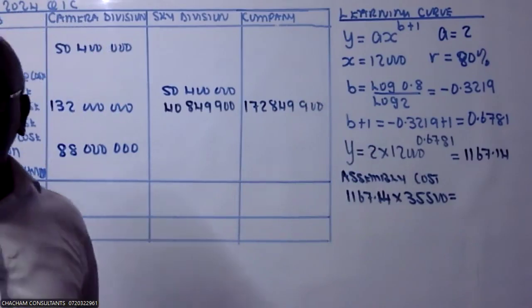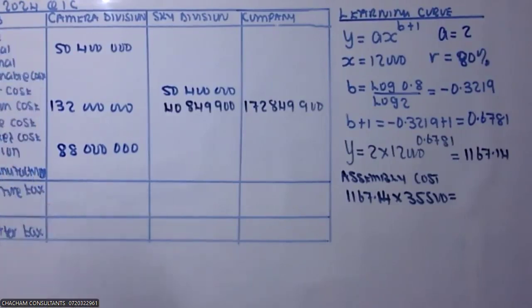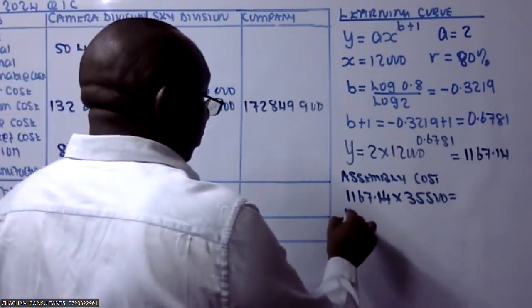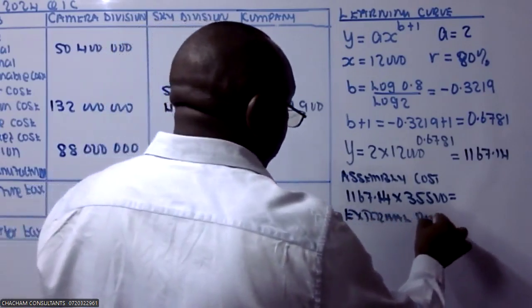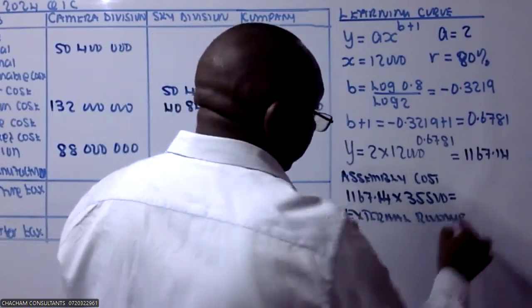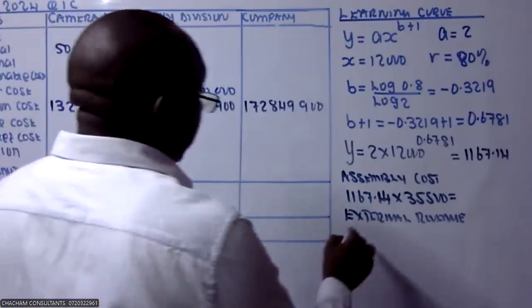Let's go on. The next additional information is just about the tax, that percent. So the others we have not filled in are the revenue, the external revenue. Let's get the external revenue, starting with the camera.